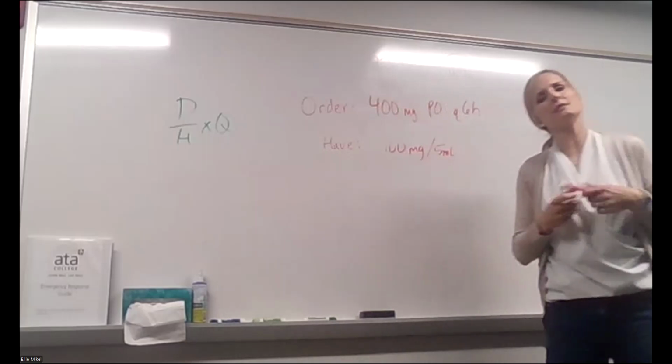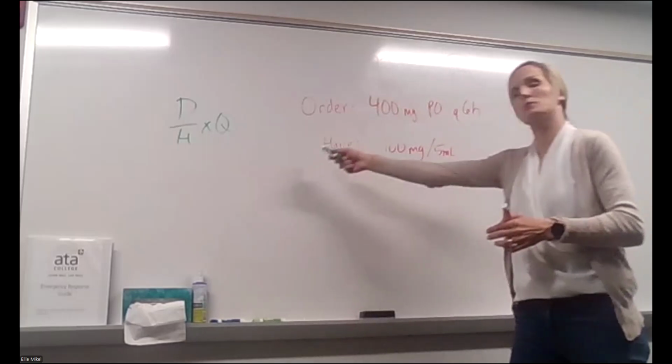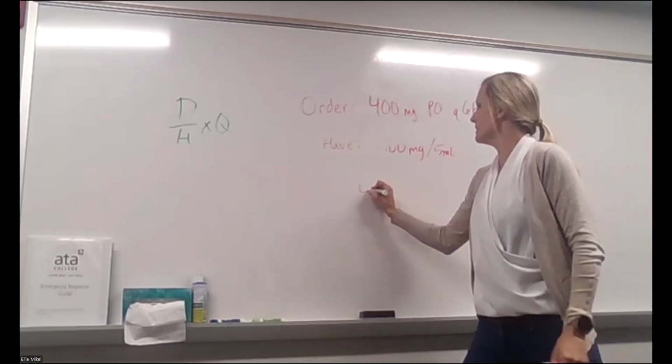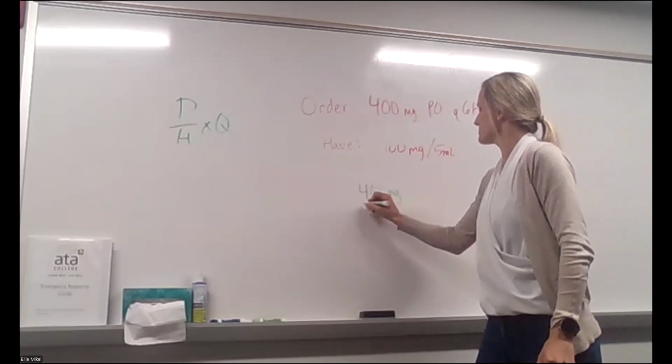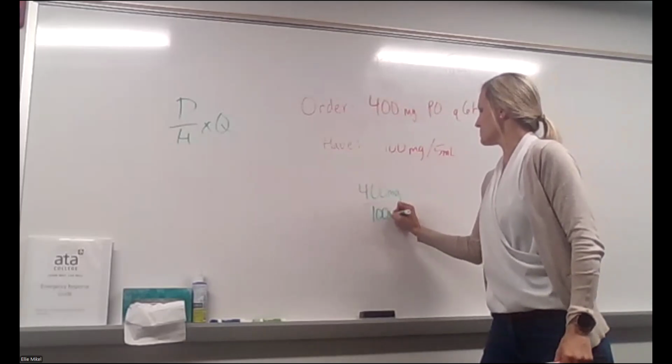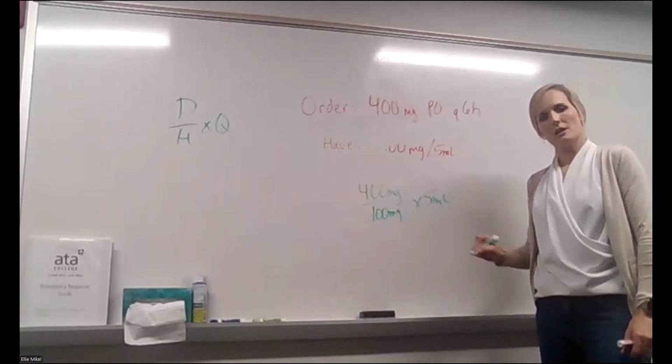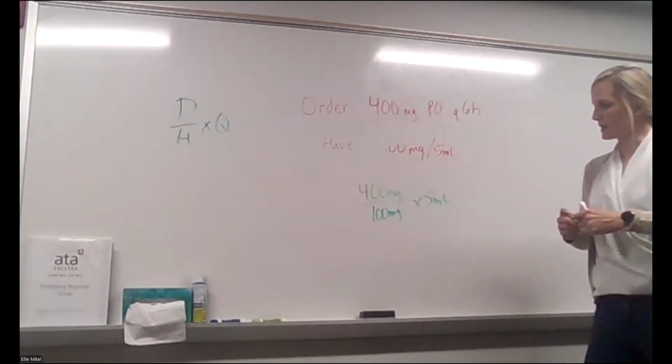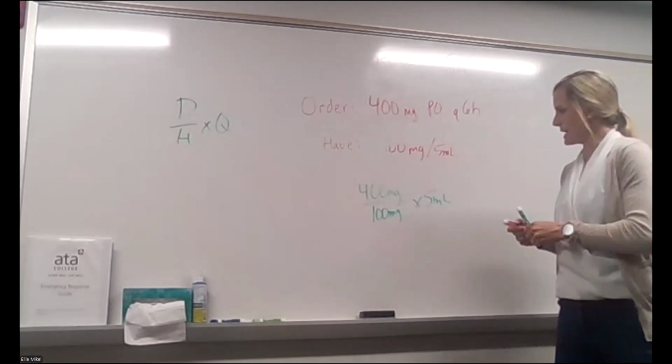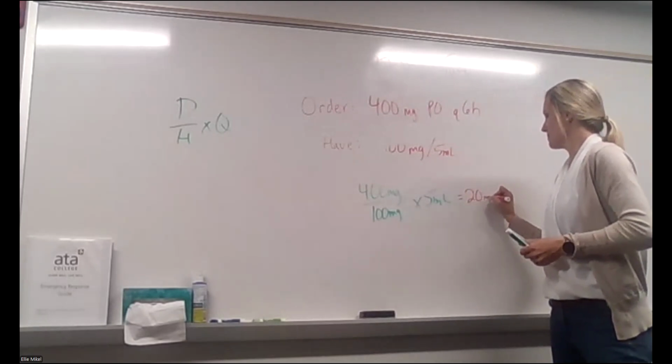Plugging this into our D over H times Q formula, we do the same thing we've been doing so far. Order dose is 400 milligrams, and we have a medication that is 100 milligrams per 5 milliliters. When I divide this out, 400 divided by 100 is 4, times 5. My answer here is 20 milliliters.